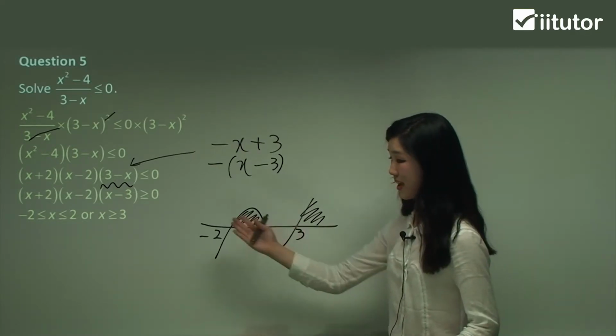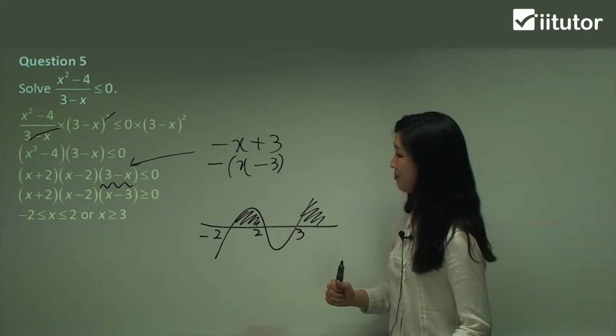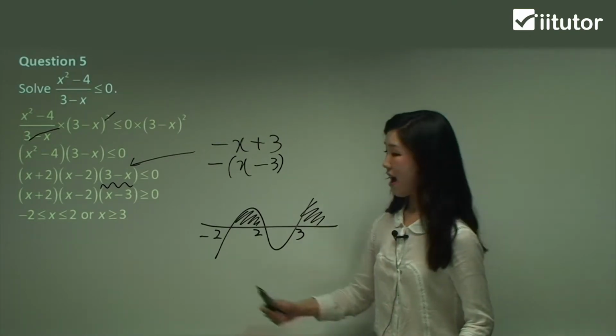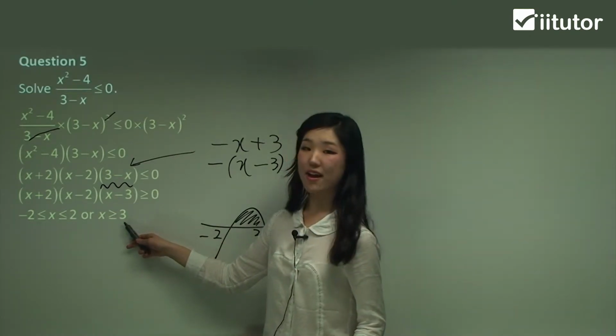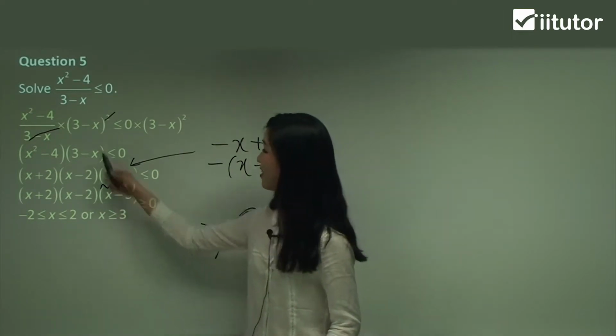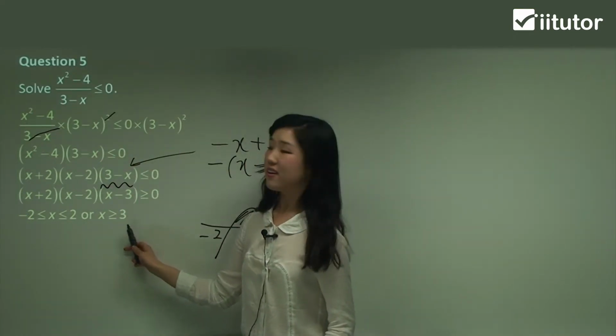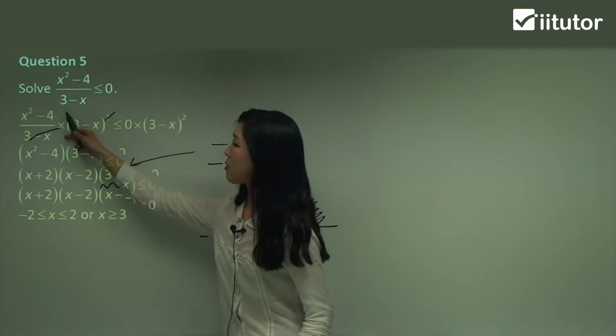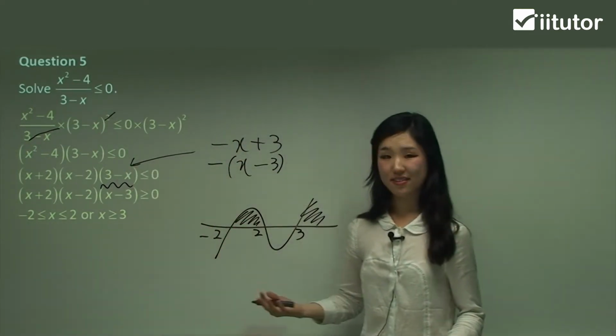Now guys, can we keep all those equal to signs? No. Have a look at this one. We cannot have an equal to sign here because if x equals 3, on the denominator we'll have 3 minus 3, which will make a 0.